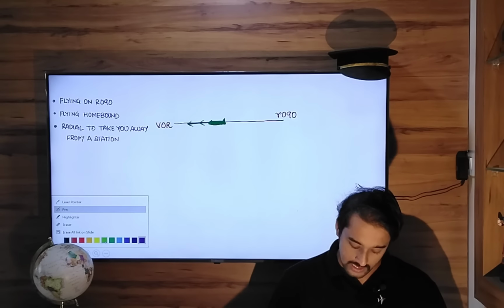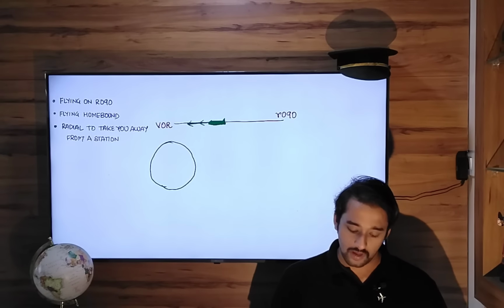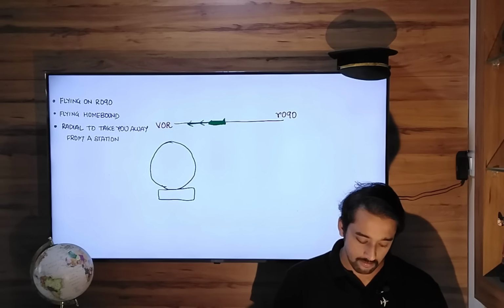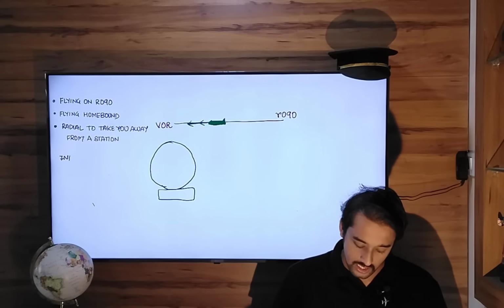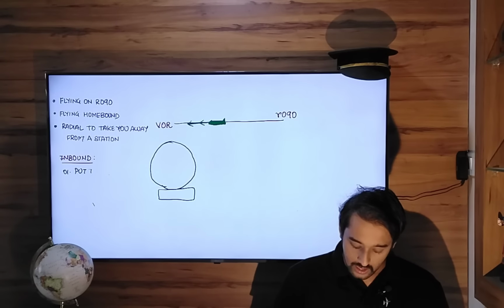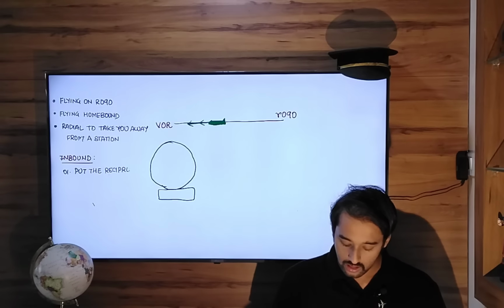So now this is your OBS selector. Okay, this is your OBS selector. Now whenever you fly inbound towards a station, you should put the reciprocal, you should put the reciprocal bearing you are flying on.